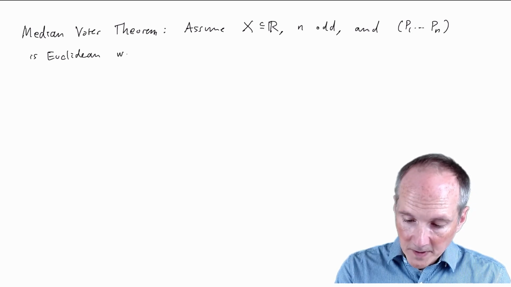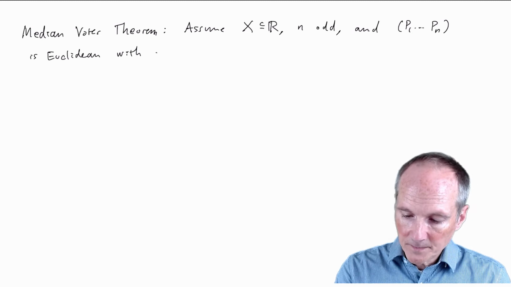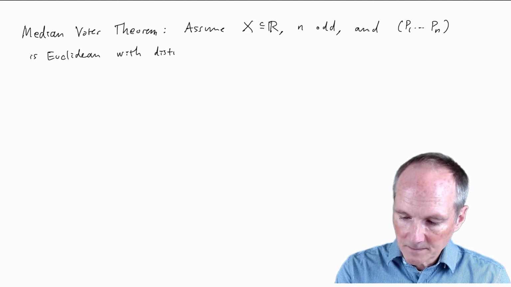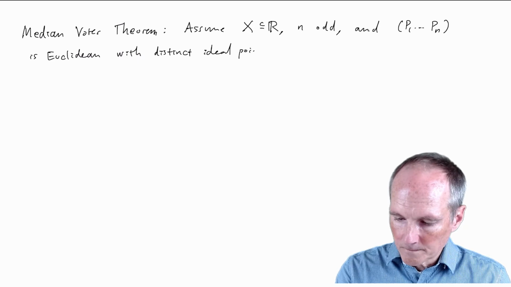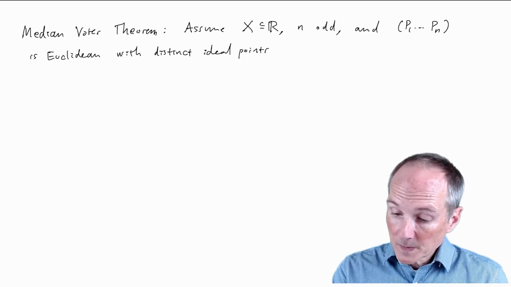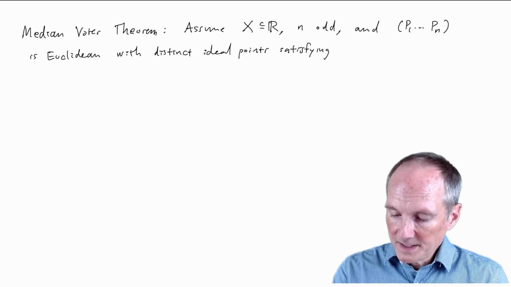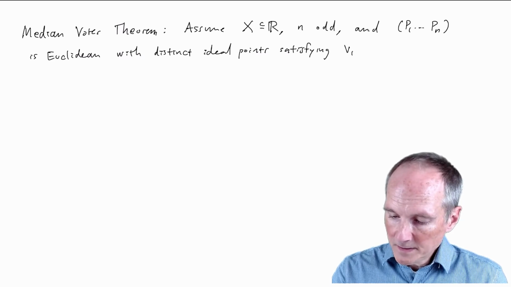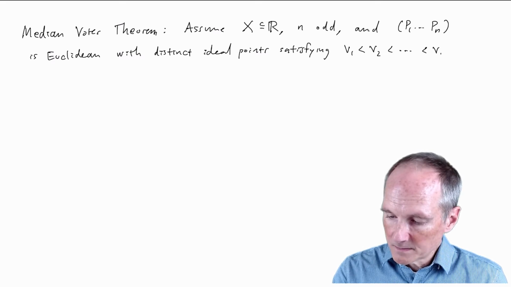And we're going to assume that ideal points are distinct. And let's just maintain that assumption that the ideal points are ordered in the number of the voters' indices.